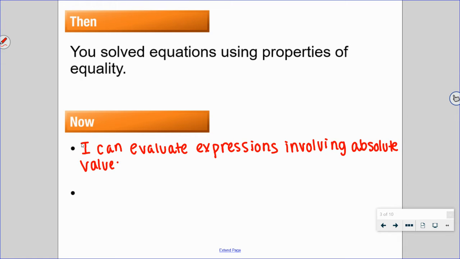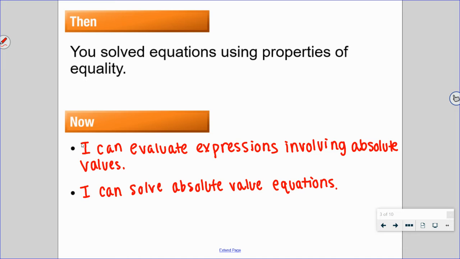And then lastly, we're going to look at solving absolute value equations. Those are our 2 goals for this lesson. And it's very similar to solving equations that we did in 1.3, just factoring in what happens when we have the absolute value bars within an algebraic equation.